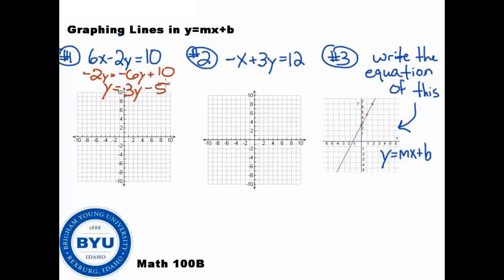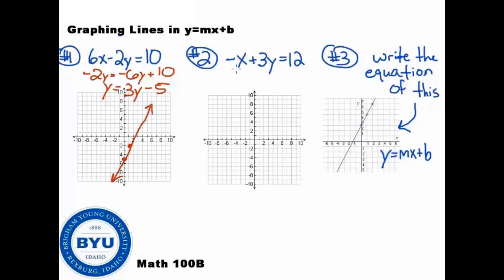Oh, that's a little tricky. Make sure to get all your negatives right there. When you do that, I'm going to graph the y-intercept at negative 5. The slope is 3, so I go up 3, 1, 2, 3, and over 1. And this is the equation of that line.